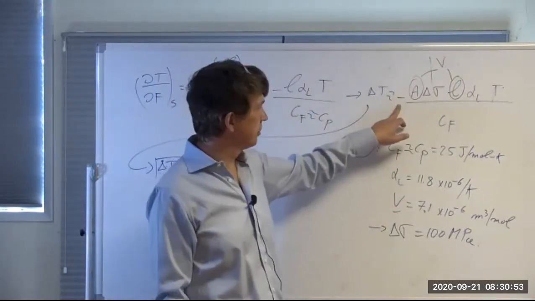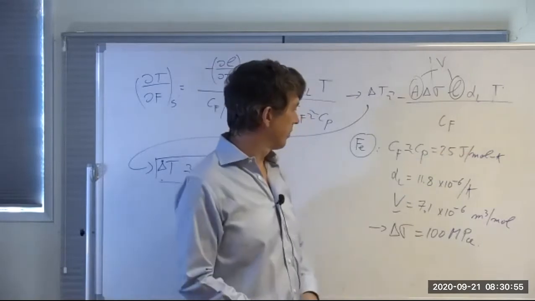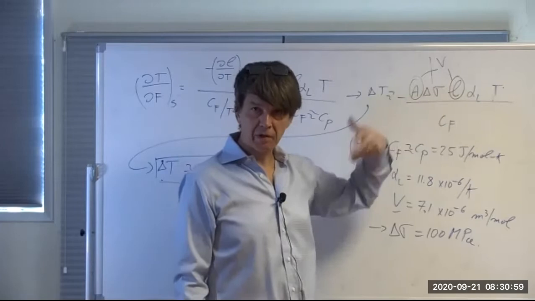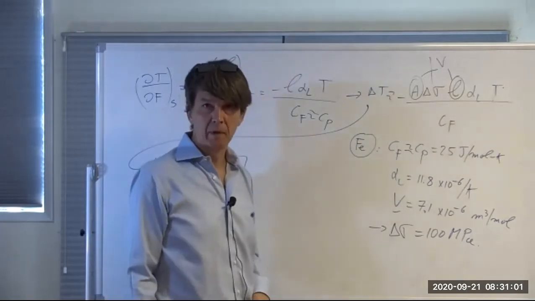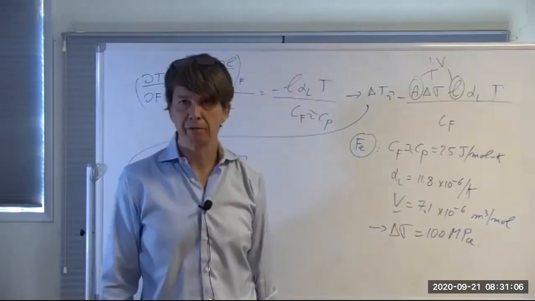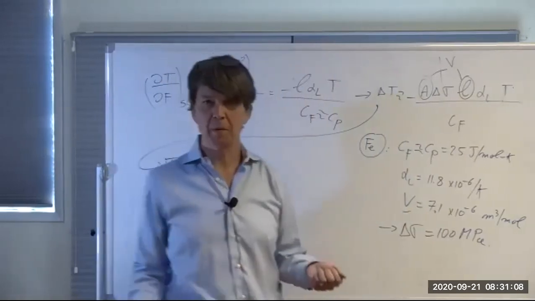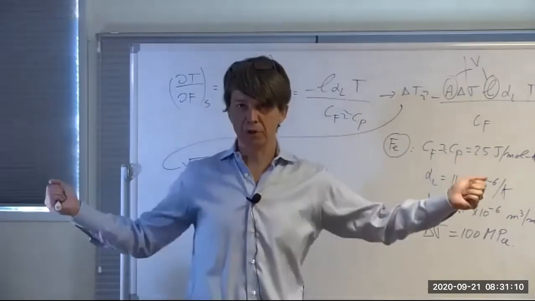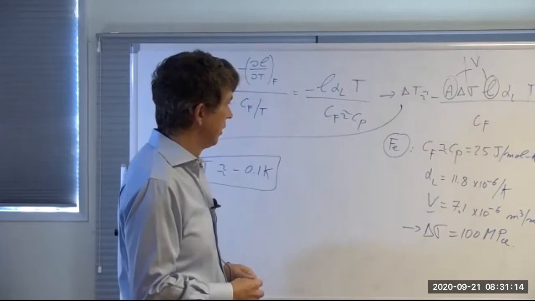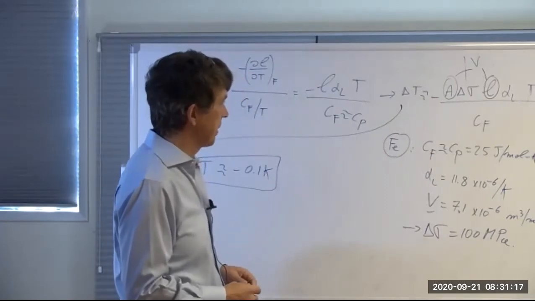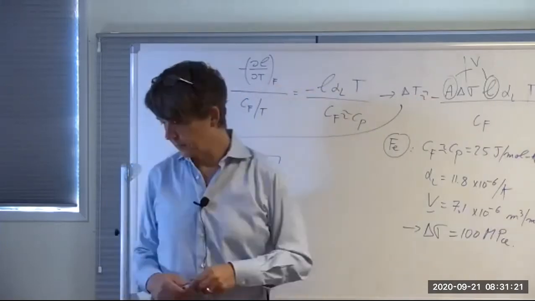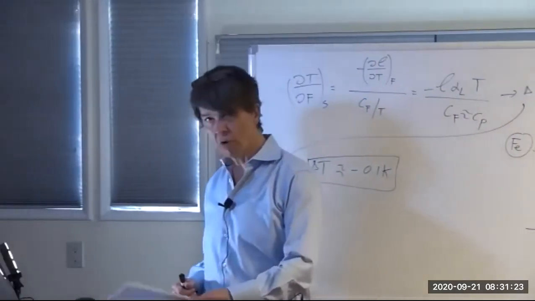So for most materials with a positive thermal expansion, the temperature drop is negative. But of course, there are materials with negative thermal expansion like rubber, right? And for rubber, you know this, right? People do this experiment all the time. If you take rubber and you stretch it quickly, its temperature actually goes up, and there the effect is much more pronounced because the thermal expansion is much larger. But in general, the temperature actually drops.